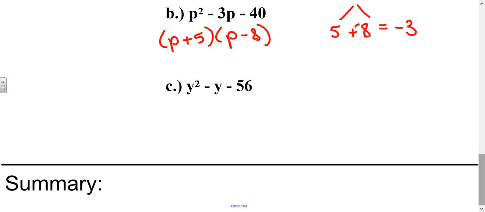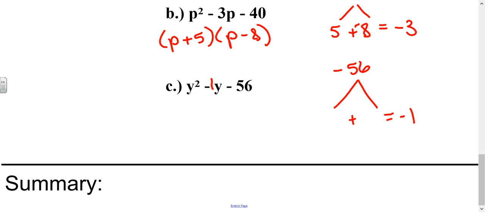Alrighty, last one, and then we're done. This one's kind of tricky. So we've got factors of negative 56. But what number is in front of this middle term? There's actually a 1 there. So they have to add to be a negative 1. There are all kinds of numbers you can multiply to get negative 56. We could do 56 and 1.